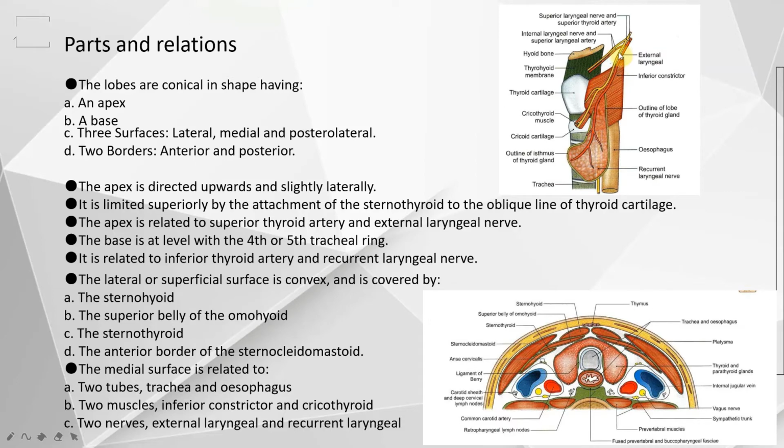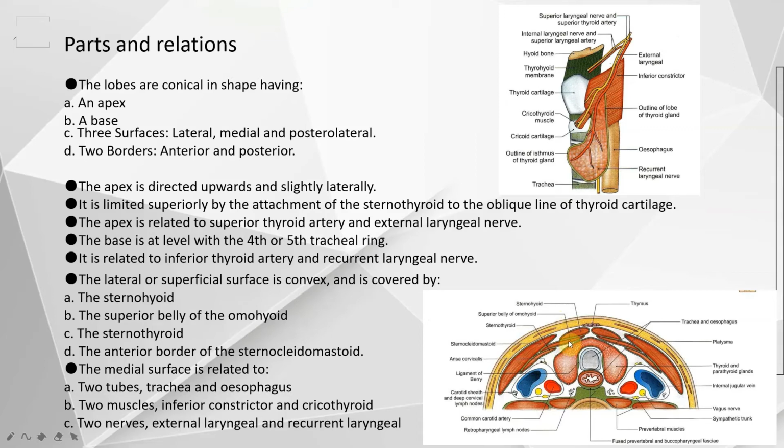The base is at the level with the fourth or fifth tracheal ring. It is related to inferior thyroid artery and recurrent laryngeal nerve. The lateral or superficial surface is convex and is covered by A. Sternohyoid muscle right here.